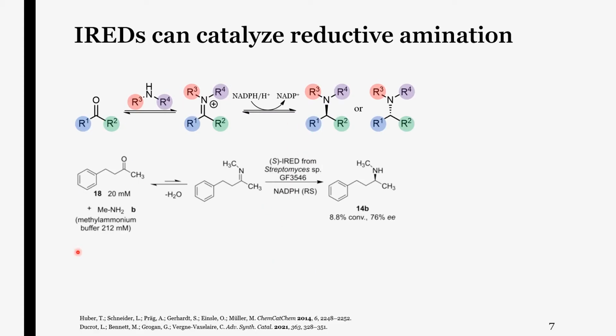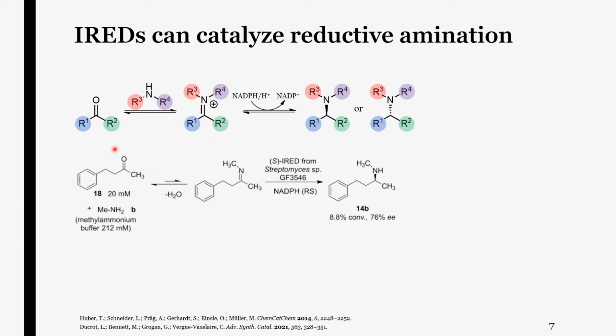In 2014, Huber et al. found out that imine reductases are not only limited to imine reduction, but they can also catalyze reductive amination.